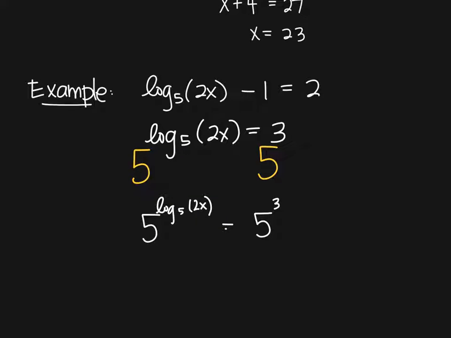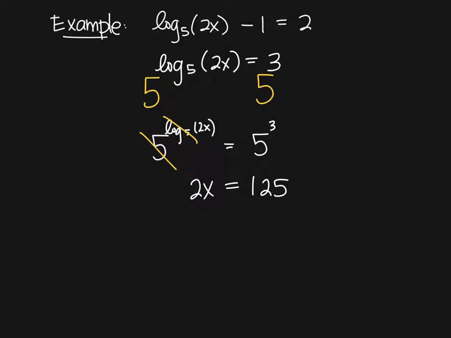So on the left side, the big 5 cancels out the log base 5 and resizes that 2x to normal size. And what do I have on the right-hand side? 125. That is 5 to the third.